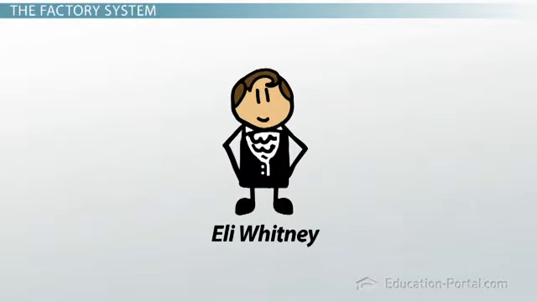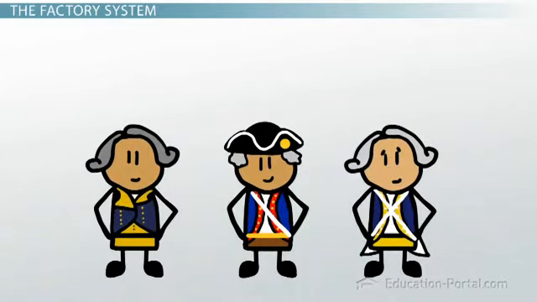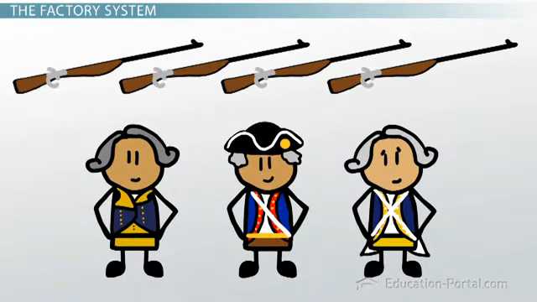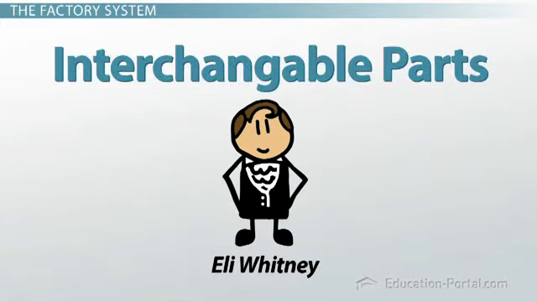Another of Eli Whitney's concepts helped build the factory system in the Northeast as well. At the turn of the century, the U.S. was concerned about the Napoleonic Wars and looked to produce thousands of new weapons quickly and inexpensively. Eli Whitney convinced Congress that he was the man for the job by demonstrating the concept of interchangeable parts.